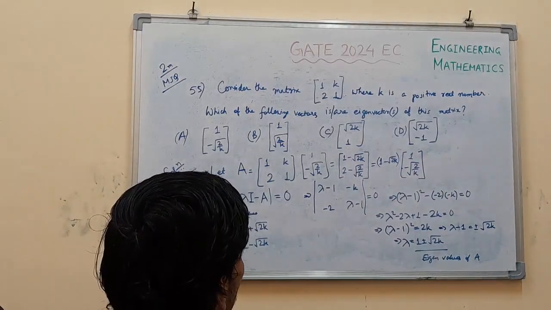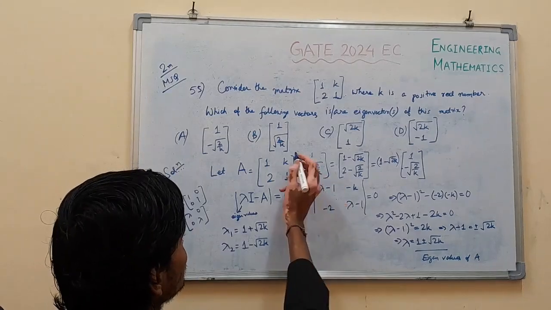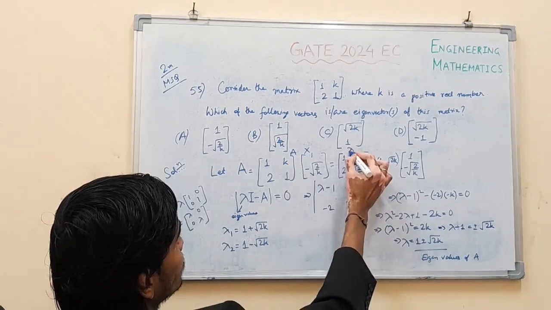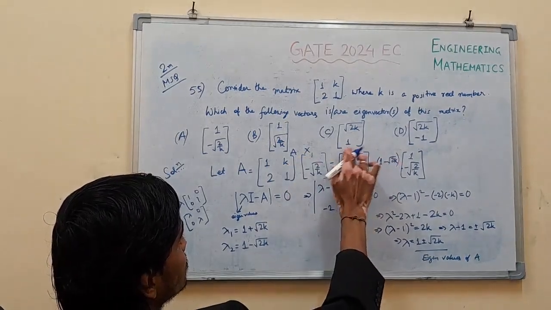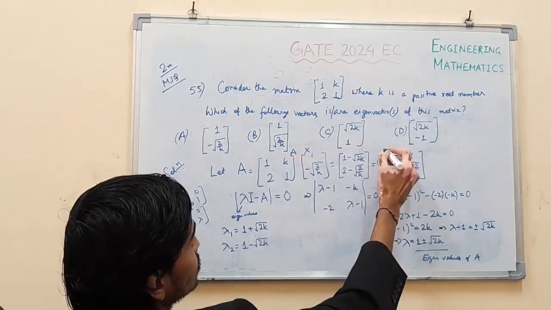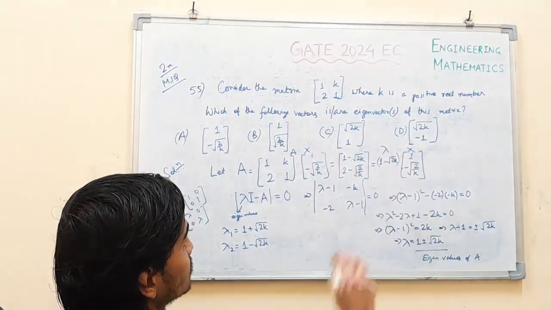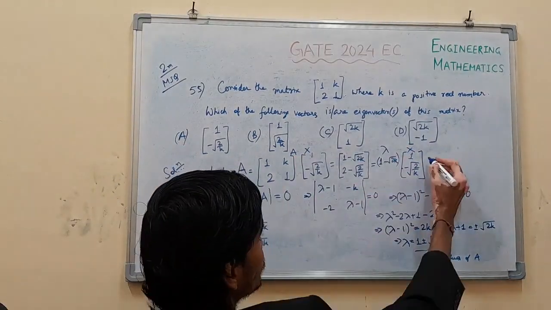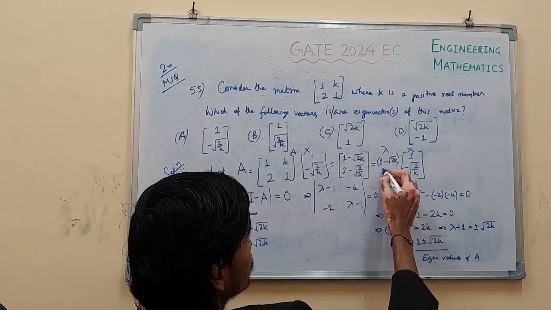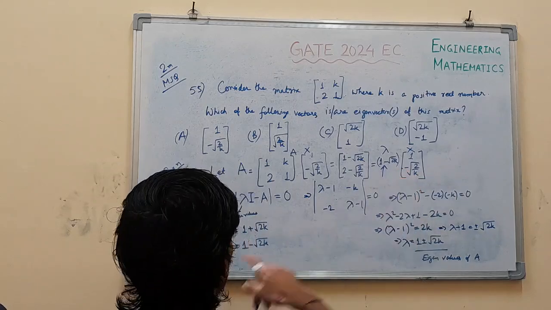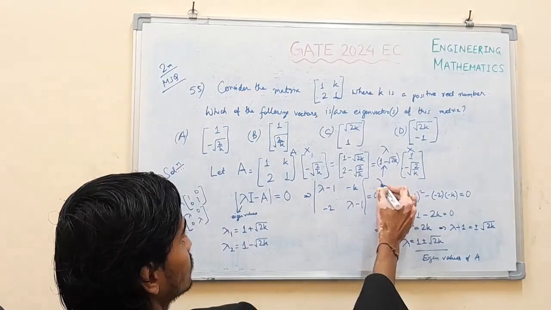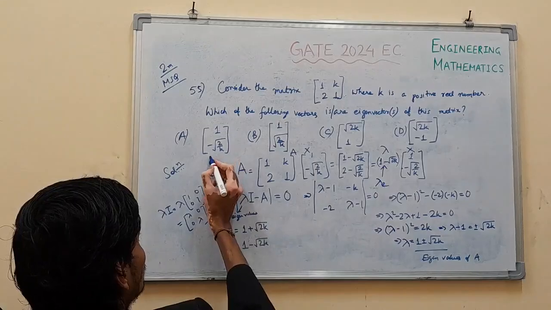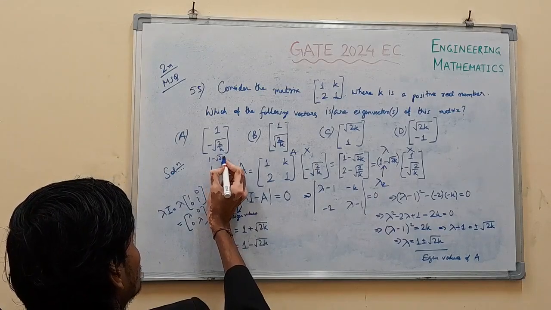Right? So basically what you are getting is in this form: Ax equal to lambda x. So this is the eigenvector corresponding to the eigenvalue, this one, which is lambda 2, that is 1 minus root 2k.